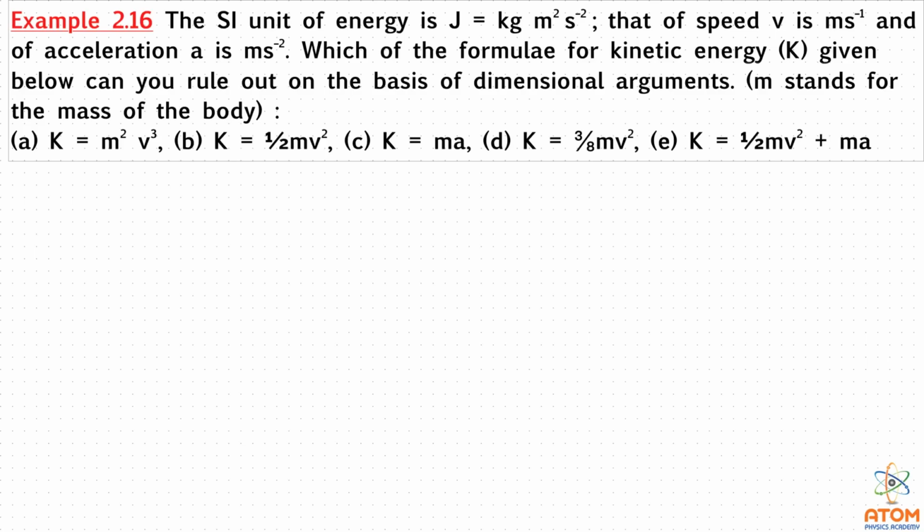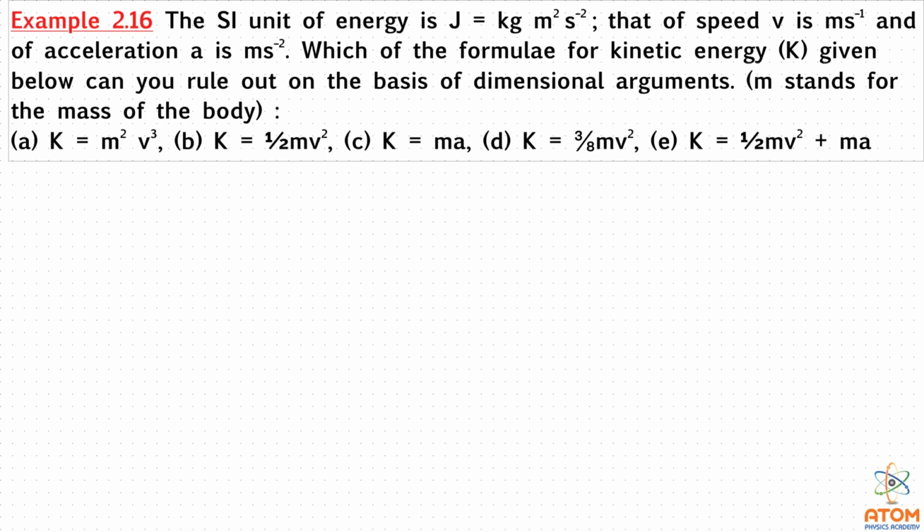See here, the left side is kinetic energy in all of these equations, and we need to check dimensionally which equation is correct. For that, we will compare the dimensions of the left side with the dimensions of the right side of every equation. Let us see one by one.